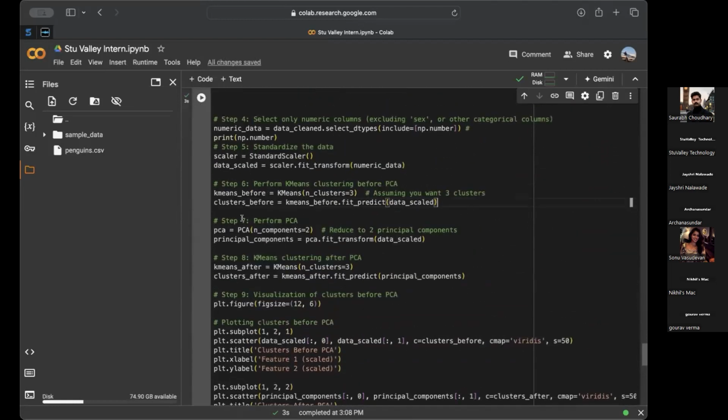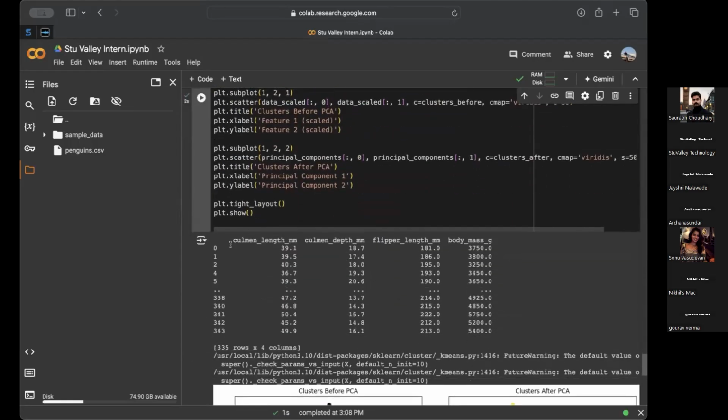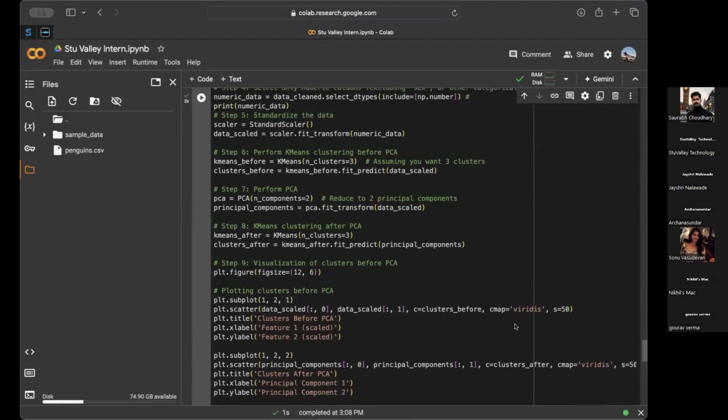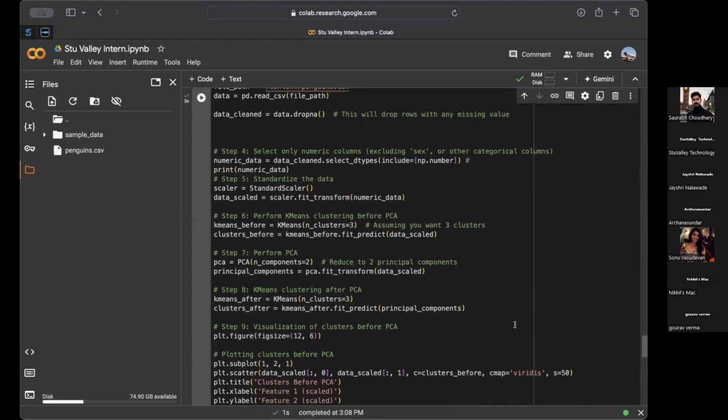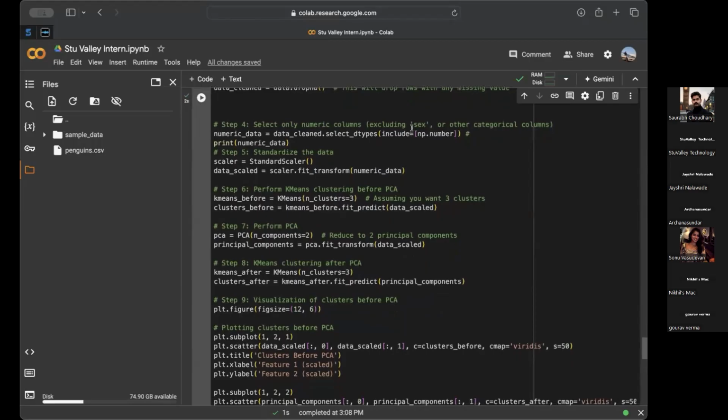Okay. Data clean dot select data types include NP number. Oh, okay, I understood. It is including only the data types which are numbers. So NP dot number is numpy number, that is the data type. So it is saying select only columns which have a number data type.